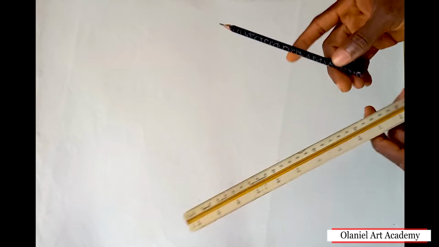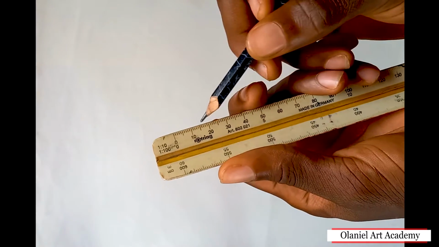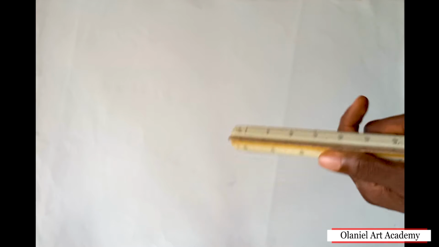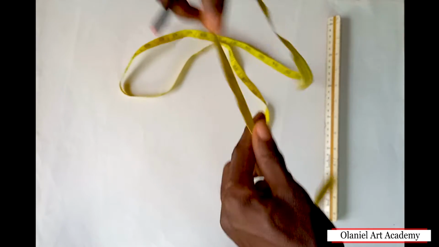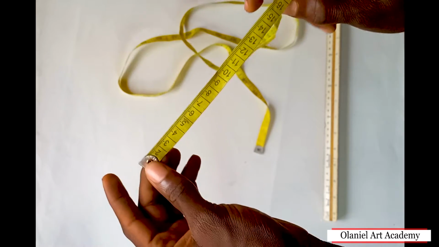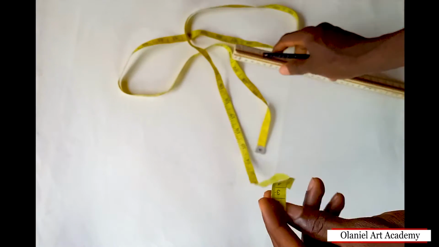So the measurement we're going to use is 2 centimeter by 2 centimeter. Can you see here? We're making use of 2 centimeter by 2 centimeter. So assuming we want to make a 16 by 20 inches portrait, what we just have to do is take our tape rule, and you can see in inches, it also has centimeter, but it's more advisable to use this for centimeter measurement.